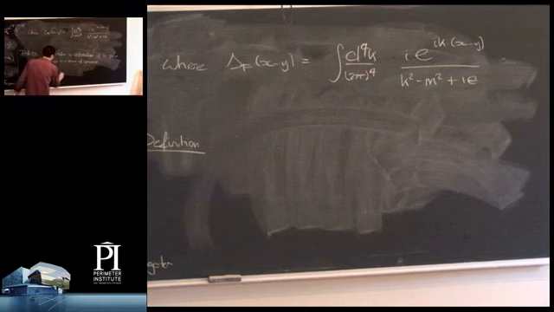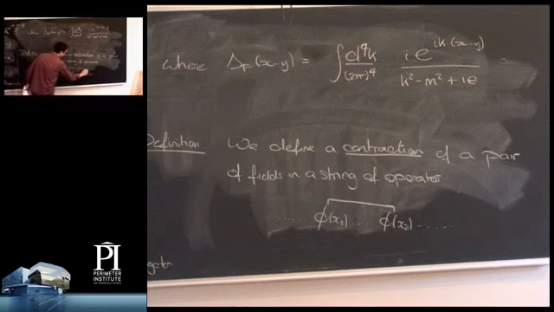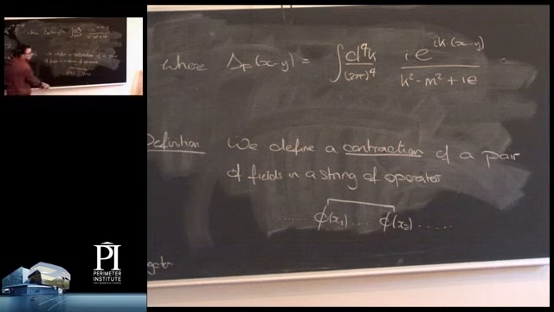Okay, so there's a whole bunch of operators, and somewhere within this string of operators there's two particular guys, and the contraction we write is just putting sort of a bar over the two with little lines coming down to tell us what two we're interested in.